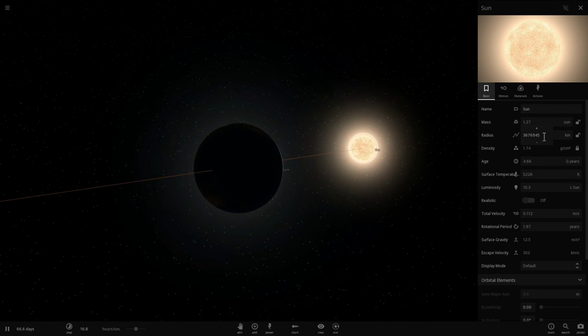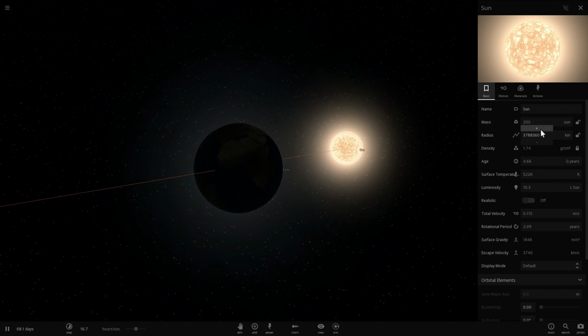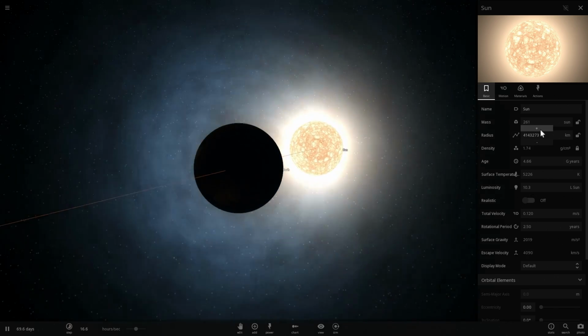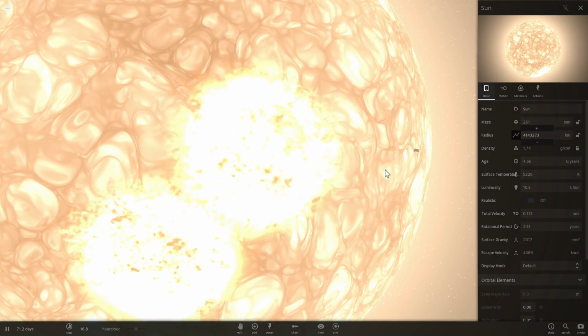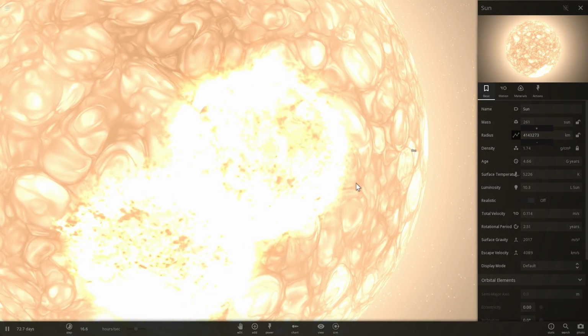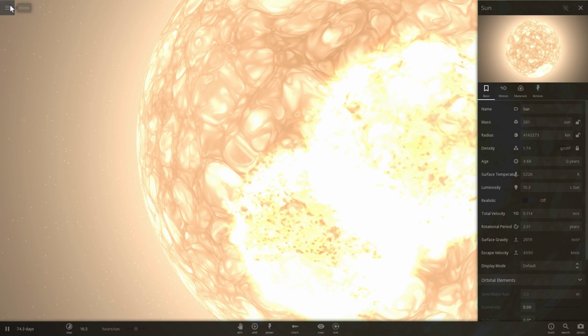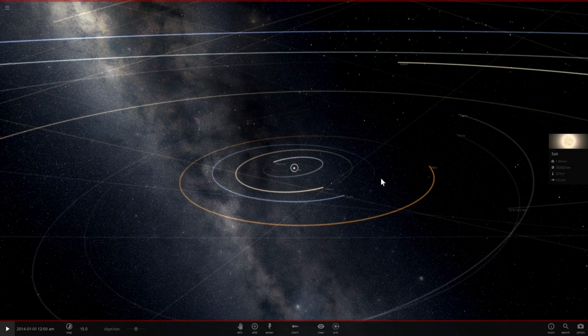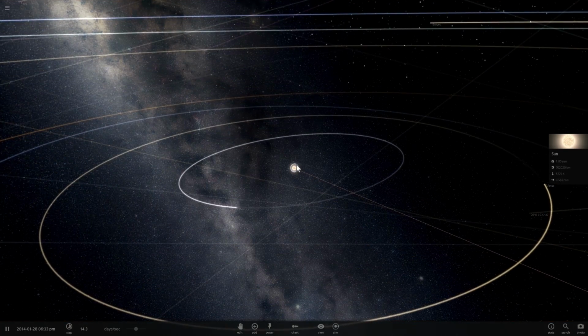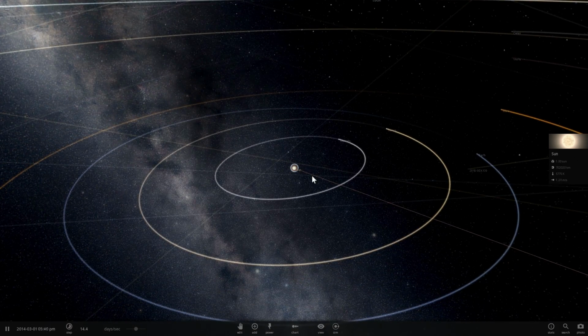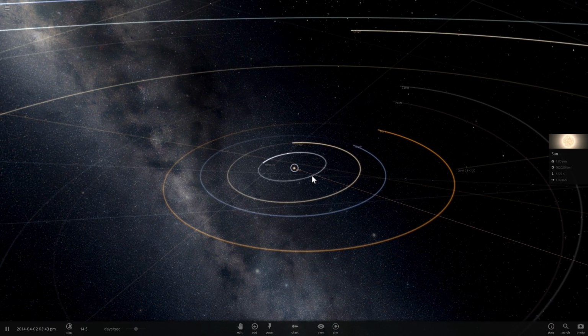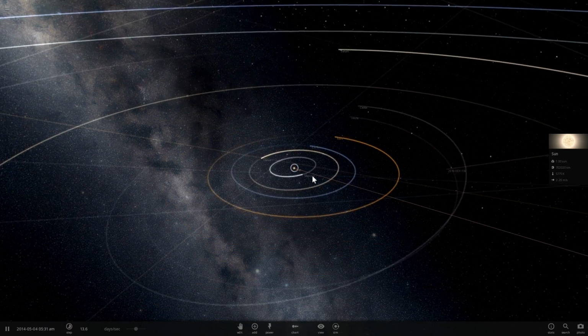I'm going to increase the size even further just to show you. Okay, no, that's not what I wanted, but okay. That also will happen at some point. So we'll basically get swallowed by the sun. And once the sun lives out its life, and once it becomes a red giant, it will then undergo something called nova. Not supernova, but just nova.